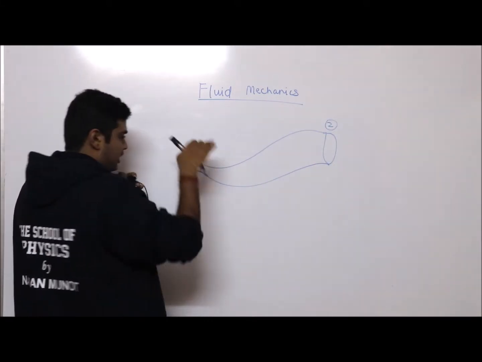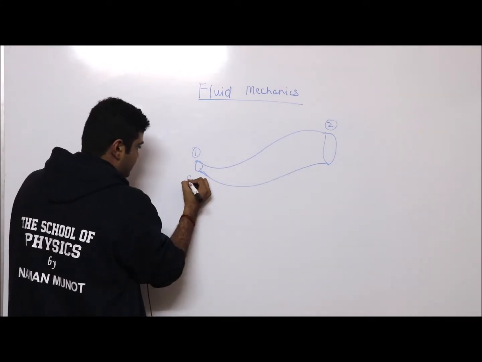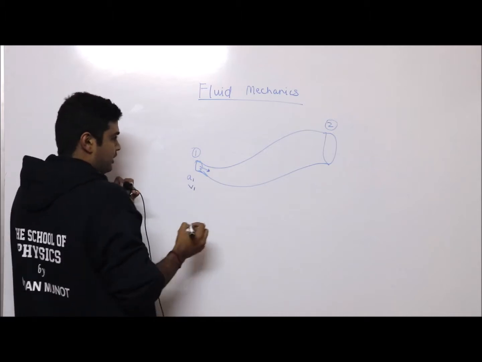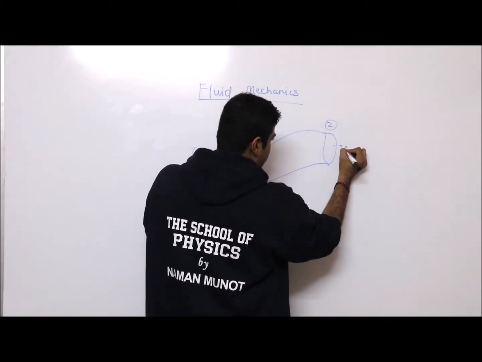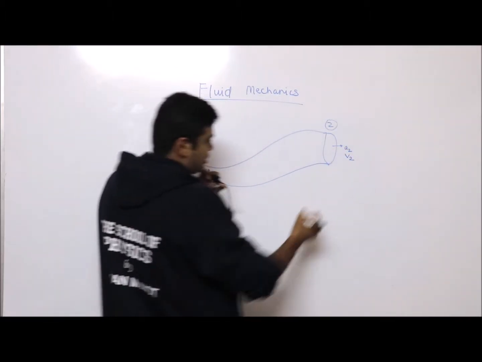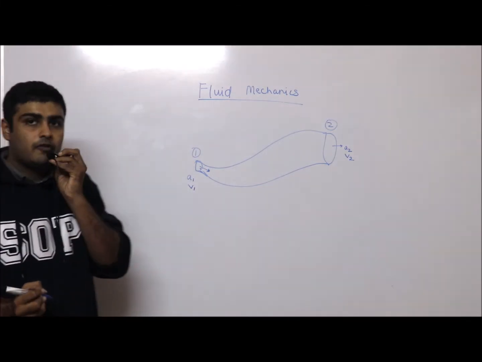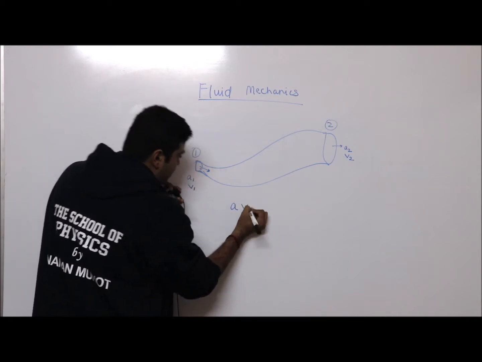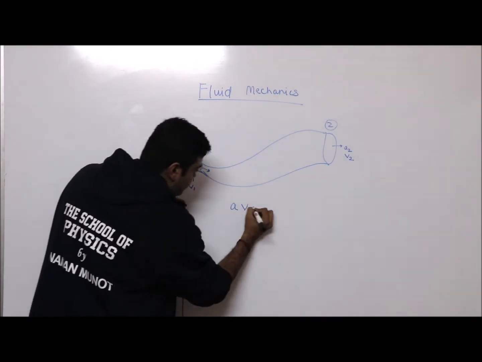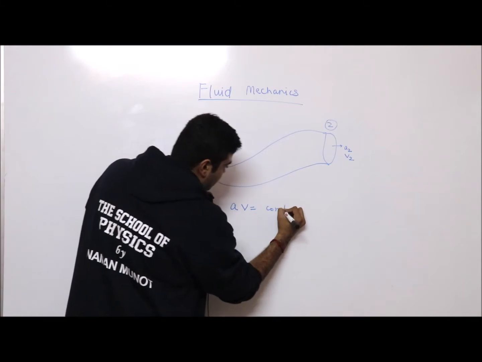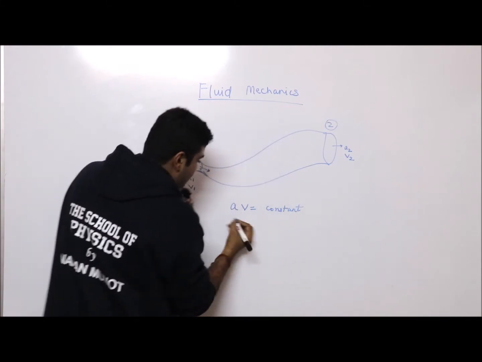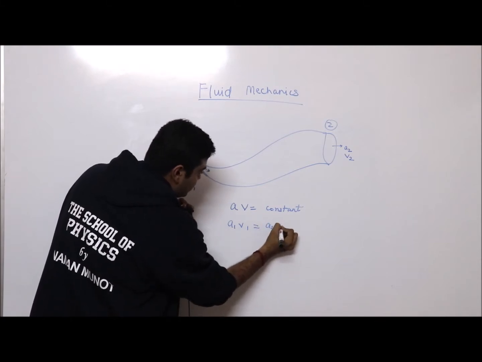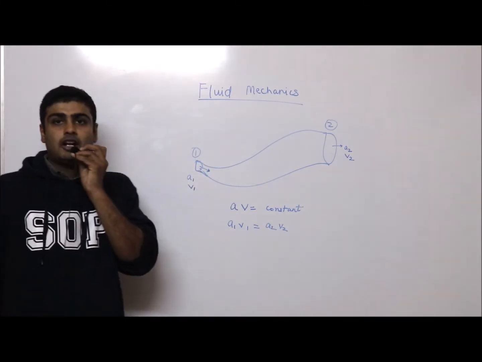Here the area of this hole is A1 and the liquid is passing from this hole at velocity V1. Here the area is A2 and the liquid is passing at velocity V2. So the equation of continuity says that area into velocity of the liquid is equal to constant for a continuously flowing liquid. So A1 V1 is equal to A2 V2. This is the equation of continuity.